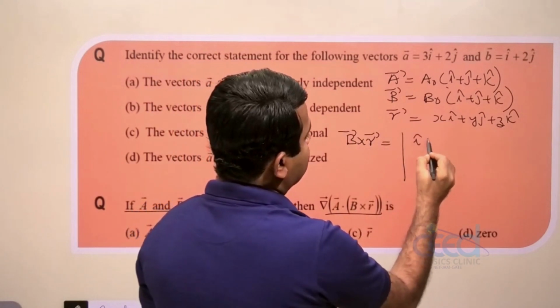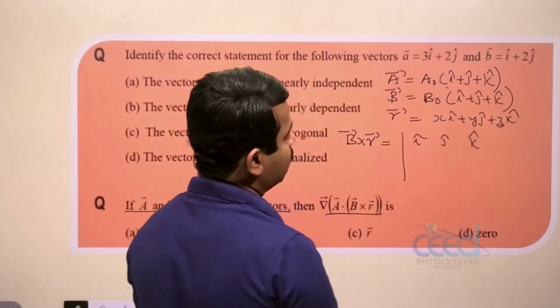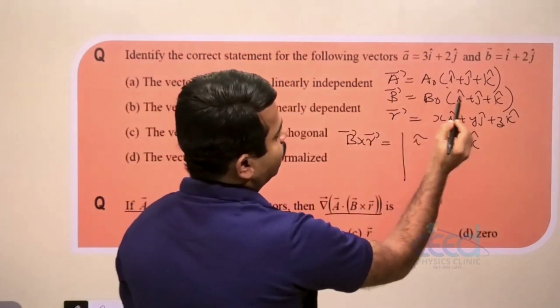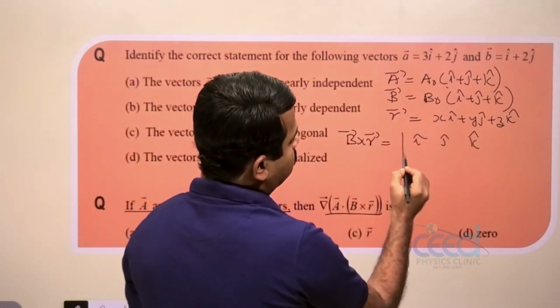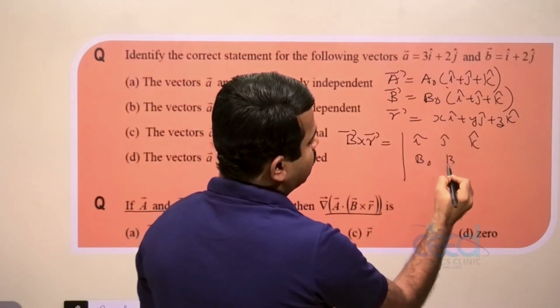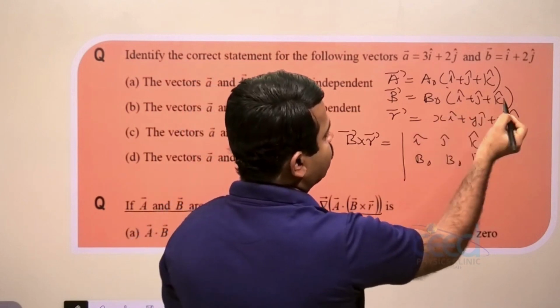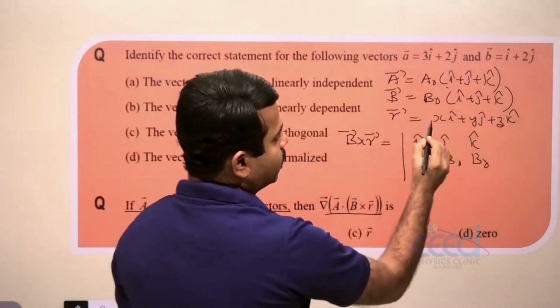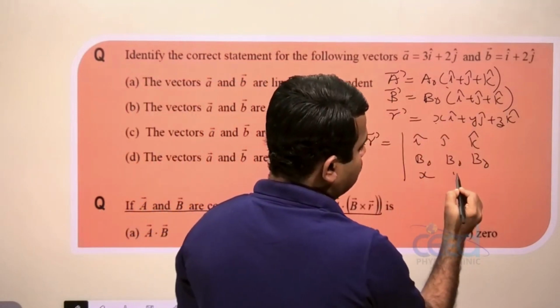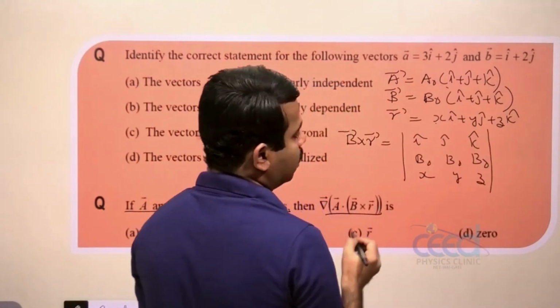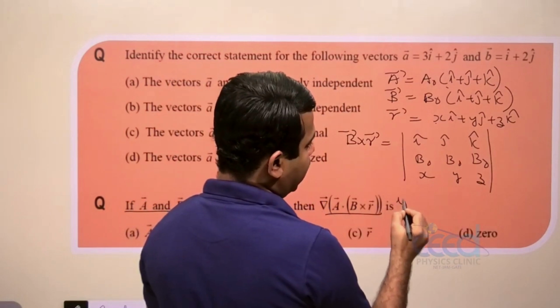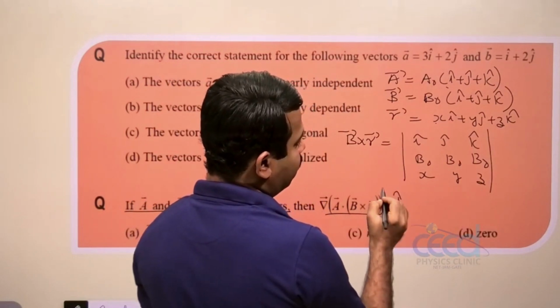the determinant with i cap, j cap, k cap. What is the coefficient of B? That is B0, B0, B0. The i cap coefficient is B0, the j cap coefficient is B0. Now the R coefficients are x, y, z. Now if I expand this, I can take B0 out.